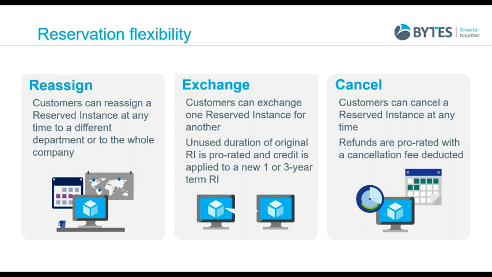When you create that new reservation or do that exchange, the new reservation starts on the date that you create that reservation. You also have the option of canceling a reservation, and then that might incur a small cost. Usually, I believe 12% at the moment, and that is prorated based on the outstanding commitment.